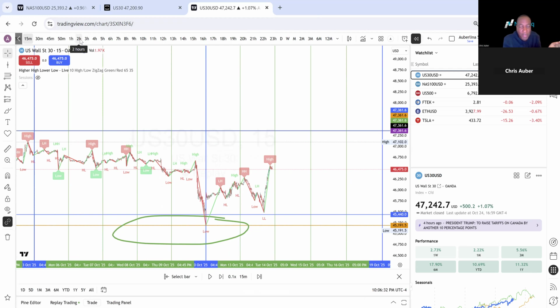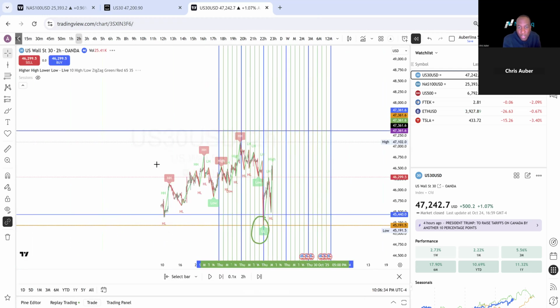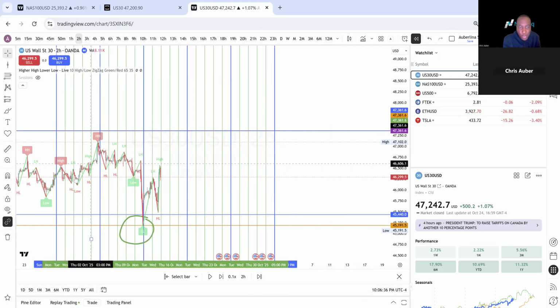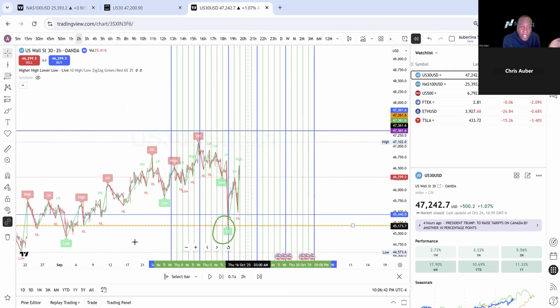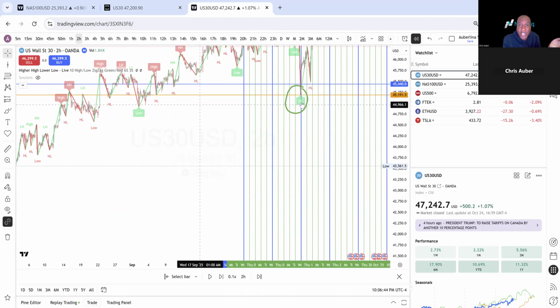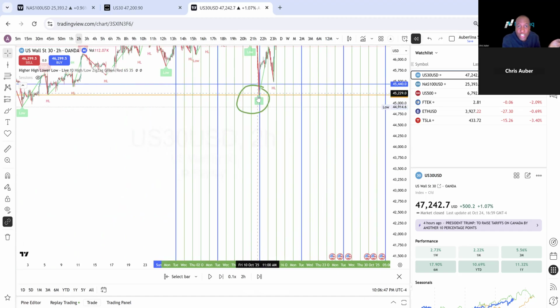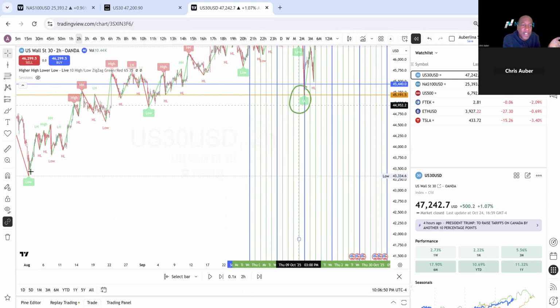So if you take a time frame, for example, like the 2 hour, the 2 hour clearly shows you that while this has broken a few lows, you look at the grand scheme of things, you see that this lower low that was registered here on the 2 hour is in fact higher than even this previous new low that was made back on August 5th of 2025.